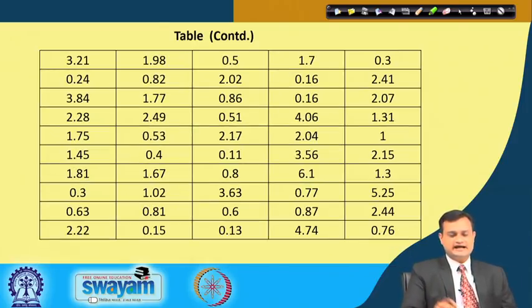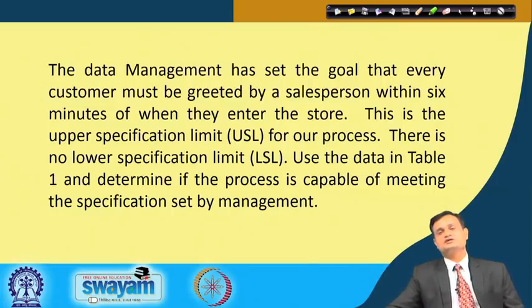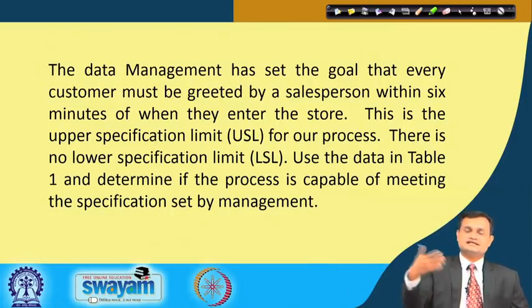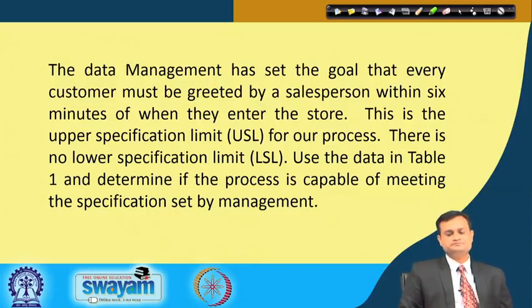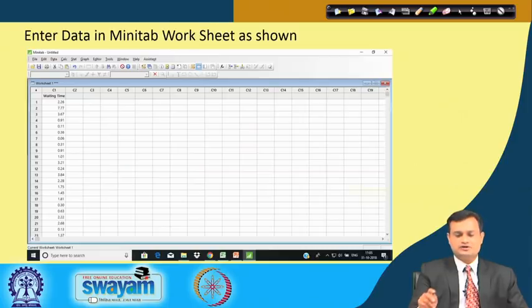This data set you can use to conduct the analysis as a hands-on exercise. I have given here the USL, the upper specification limit for our process: within 6 minutes it should be done, and there is no lower specification. As early as possible, the moment the customer comes, you greet and welcome him, and you have the data given in your table 1.